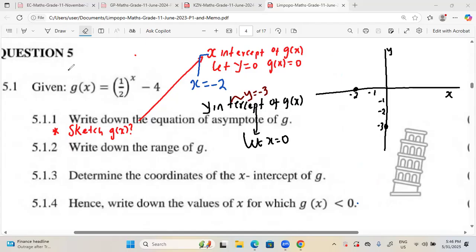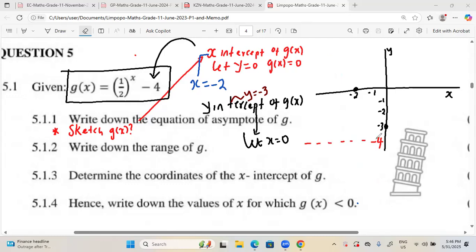I said the number at the end, this -4, is your horizontal asymptote. -4. Now I think you are ready to sketch the graph because you have the x-intercept, the y-intercept, and the horizontal asymptote.